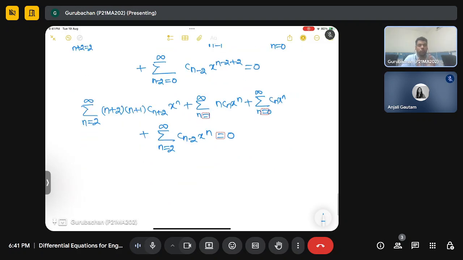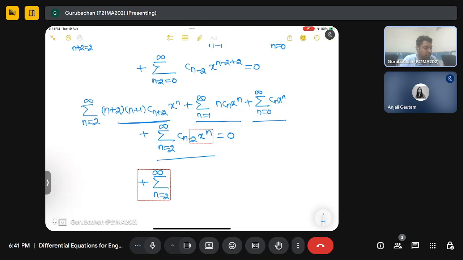Now we have to think about which power each series starts from. This is starting from the x squared term, this is starting from x to the power 1, x to the power 0, and x to the power 2. So ultimately we want the series to start from n equal to 2 to infinity. We will start the sum from n equal to 2 to infinity, and write the rest of the terms first.